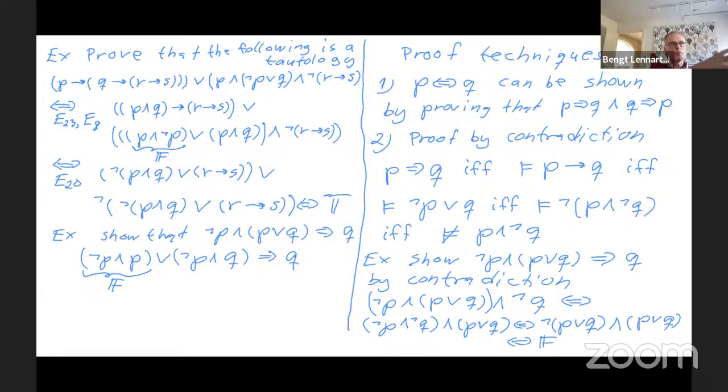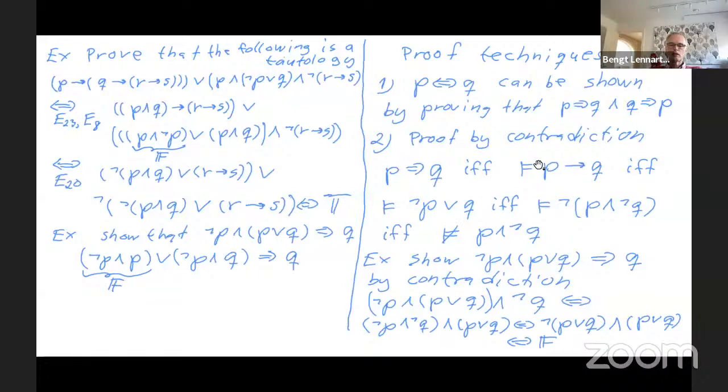So first if the first brings the second, and then you look at the opposite direction. So this is very common in mathematical proofs. Then another thing which is also quite common is proof by contradiction. And that is simply that P implies Q is actually equivalent to the contradiction of P and not Q.